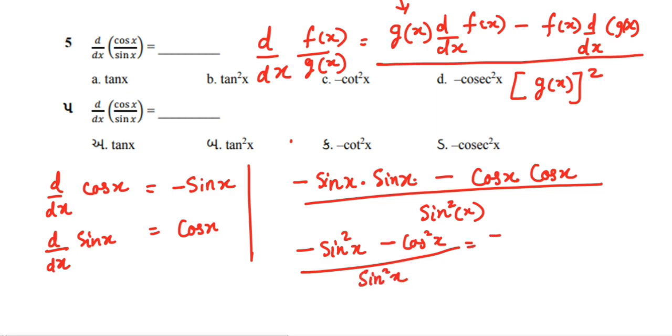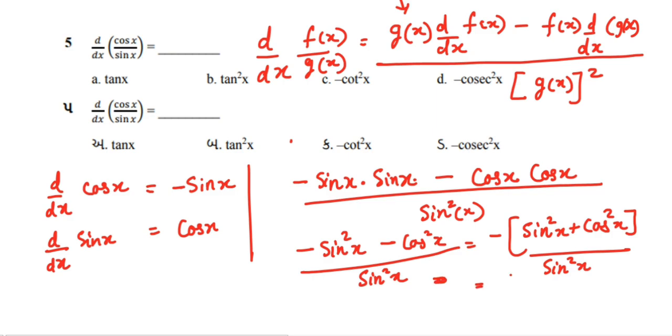If I take minus as common, I can write sin square x plus cos square x upon sin square x, and sin square x plus cos square x is 1, so I can write 1 upon sin square x with a negative sign, and 1 upon sin square x means cosec square x, with a negative sign. That means option D is correct, that is minus cosec square x.